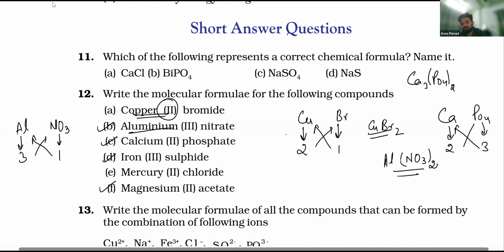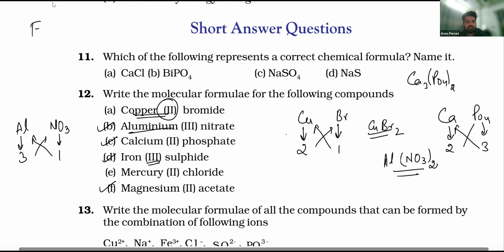Iron sulfide. FeS. But you have to check here, iron is using its 3 valency.